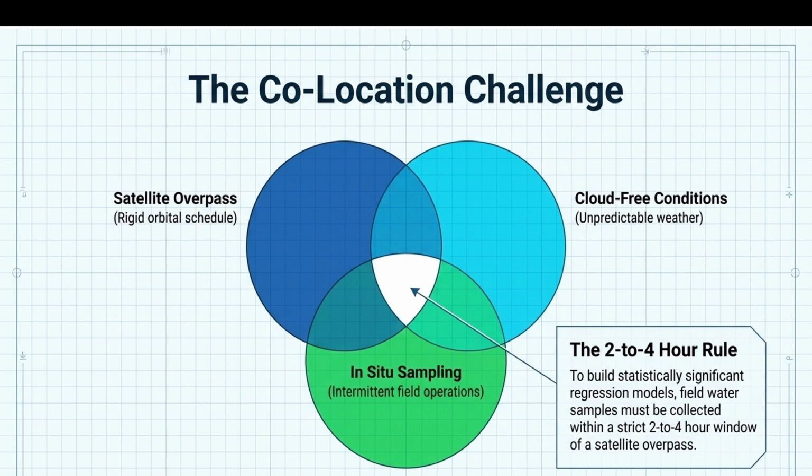But we try to keep the in situ data and imagery on the same date. Then it will be better for your analysis. Suppose I take the imagery on 15 January and also take the sampling on 15 January. Then we can easily overlay and get a much better water quality map.